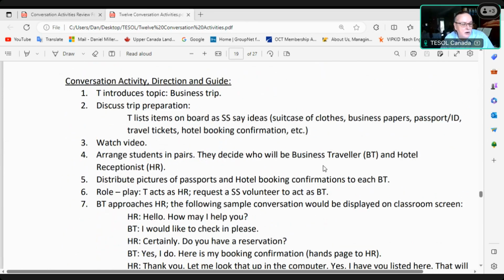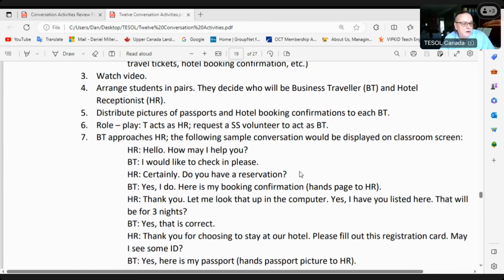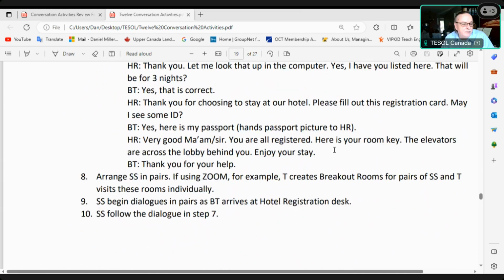I've got all of that laid out here in the directions, and I've got a role play script between student volunteers to act as the BT, the business traveler, and the hotel receptionist. The students can read this out and act out a transaction as the business traveler signs into the hotel.